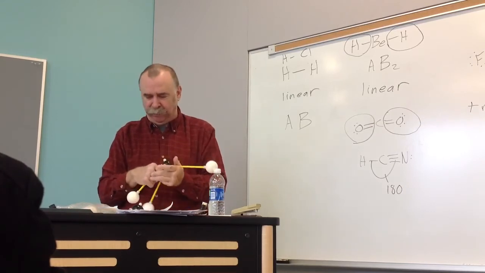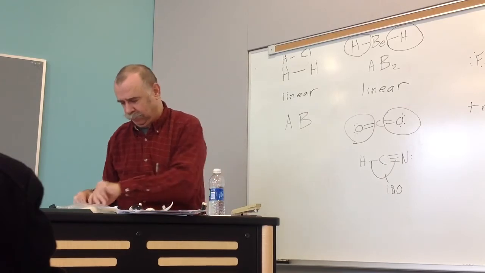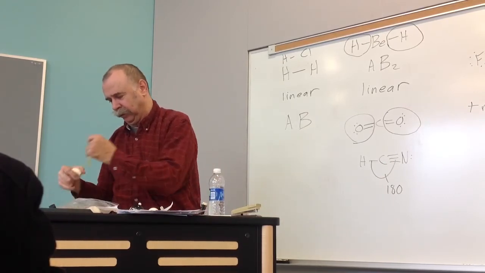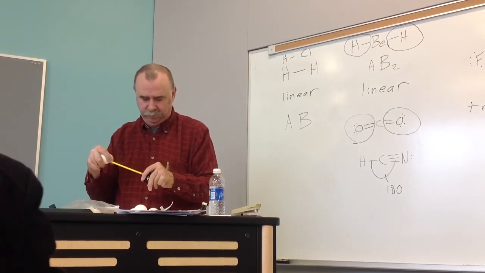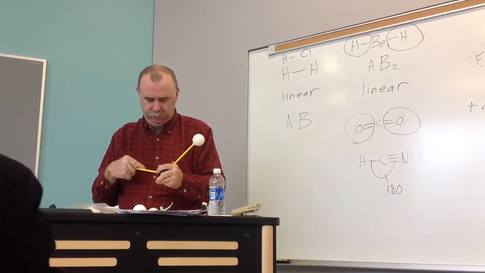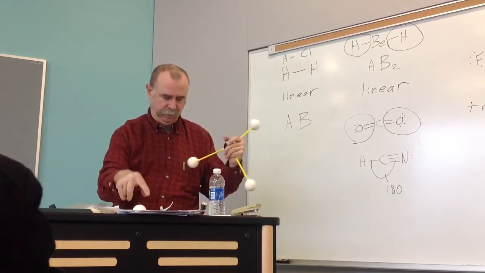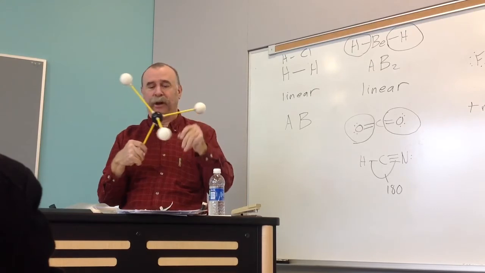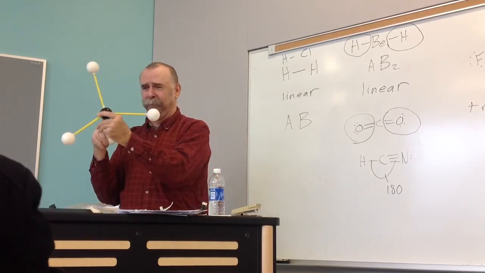So if I grab these, grab some more clay. Again, if this is a perfect model set, which you're probably using, all of the angles would be exactly the same.